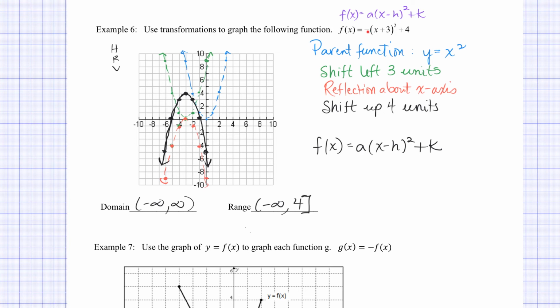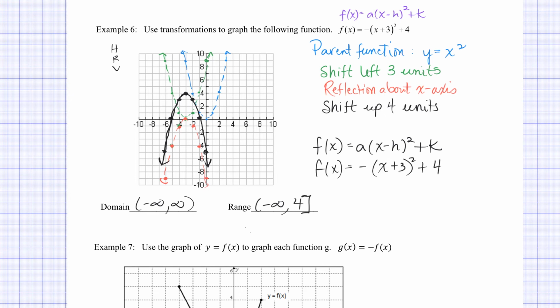And because I had a negative in front, that told me that this parabola was going to open down, right? Now the h and the k, let's look at what the function was written out to be. It was f of x equals negative (x plus 3) squared plus 4.